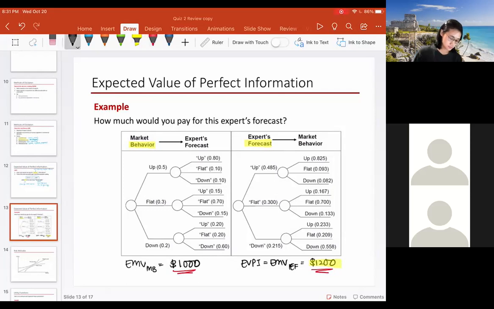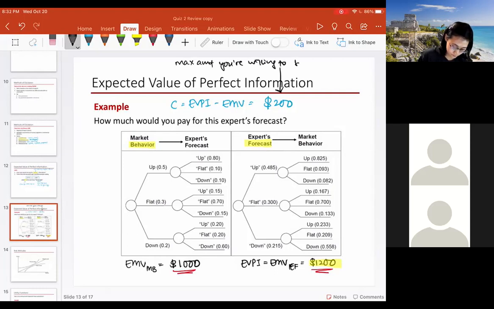That's your C. And in this case, it's $200. This value here is the max amount you're willing to spend on the forecast, or on that new technology.